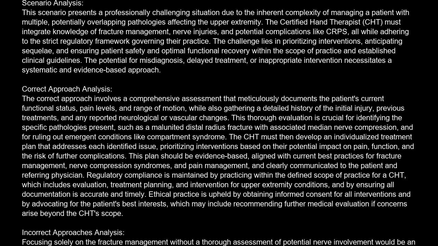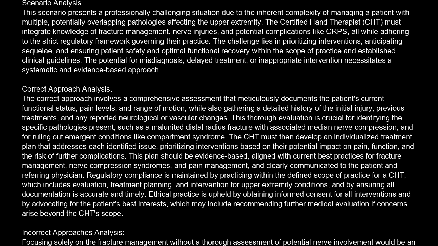Explanation. Scenario analysis. This scenario presents a professionally challenging situation due to the inherent complexity of managing a patient with multiple, potentially overlapping pathologies affecting the upper extremity. The certified hand therapist, CHT, must integrate knowledge of fracture management, nerve injuries, and potential complications like CRPS, all while adhering to the strict regulatory framework governing their practice.